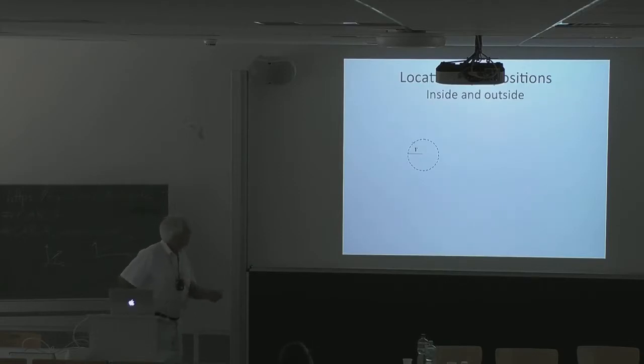So I'm assuming that we have a landmark. Polar coordinates presume an origo, a fixed point, and now the origo will be a kind of landmark for a prepositional. So I'm assuming that we have a circular landmark just to make things easy. And then we make a distinction between inside and outside.